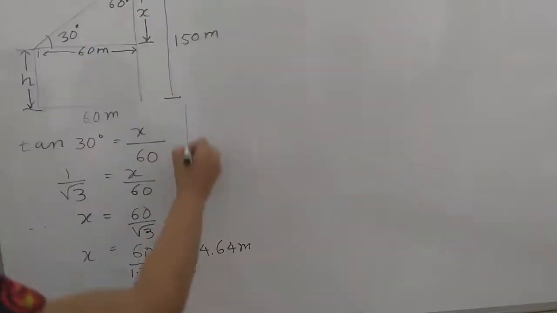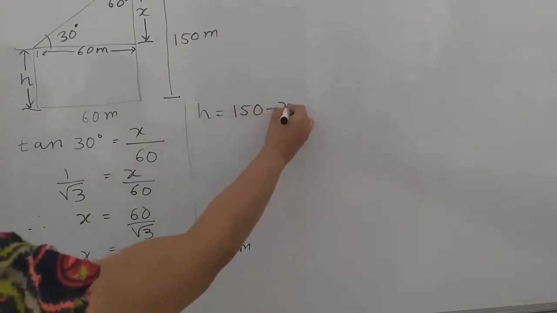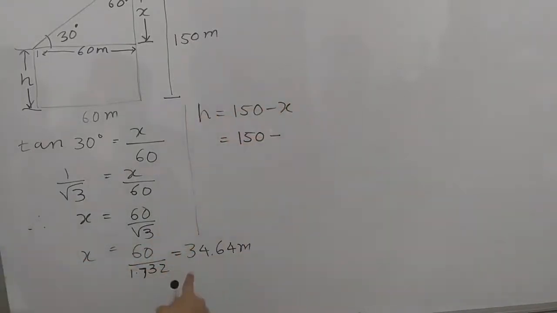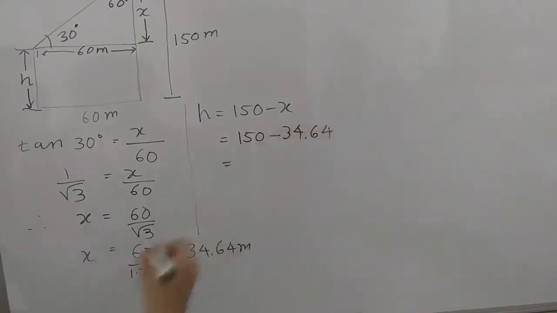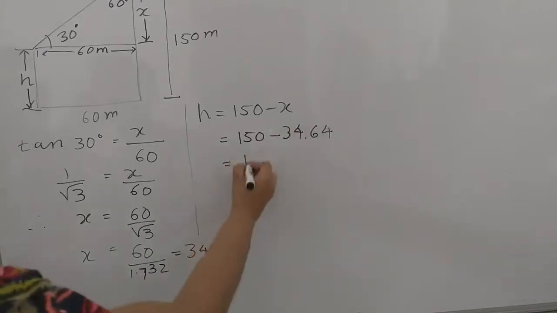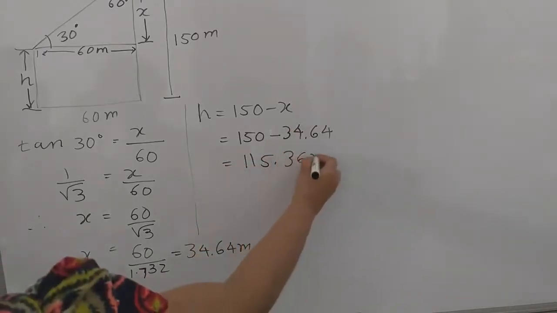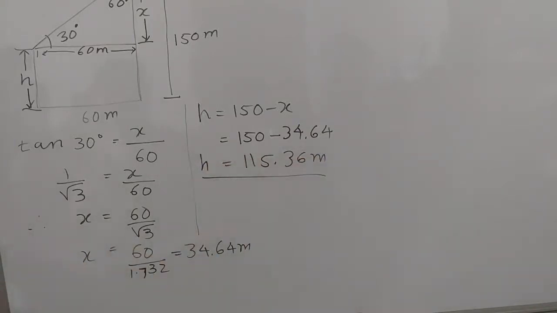So I write h is equal to 150 minus x. So 150 minus the x value 34.64 meters, and hence I get 115.36 meter, the height of the other tower. So this way we get our answer to number 20.